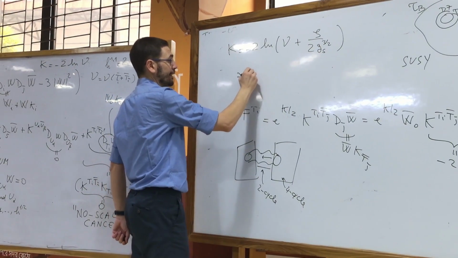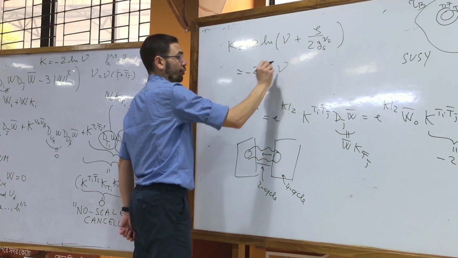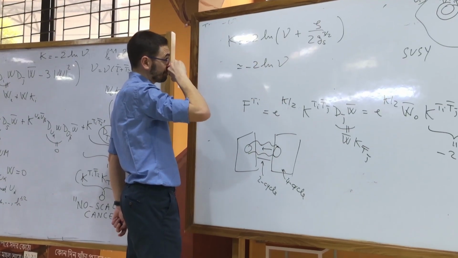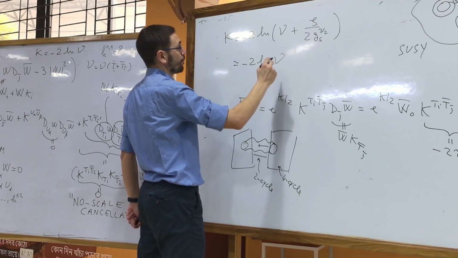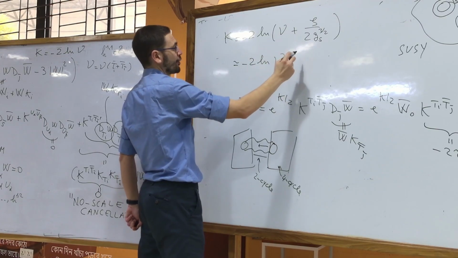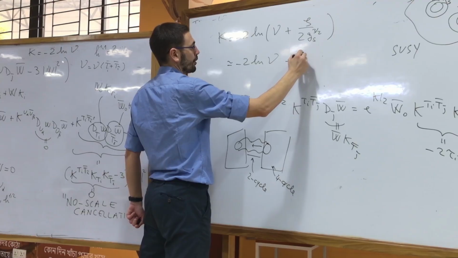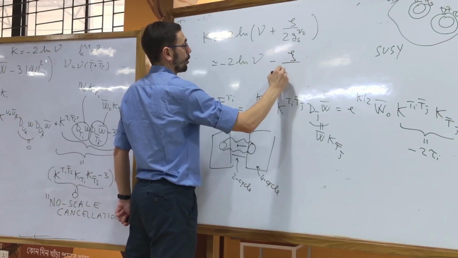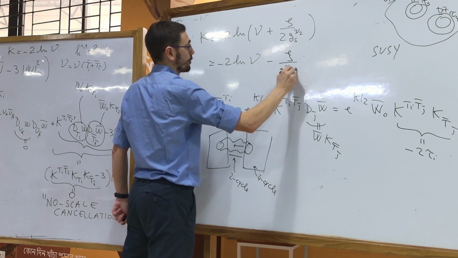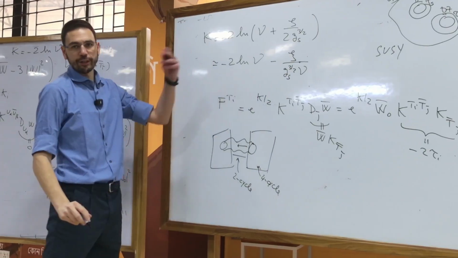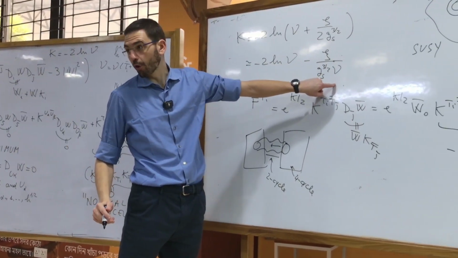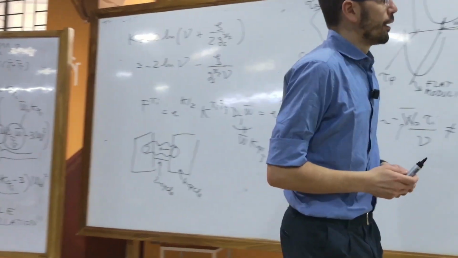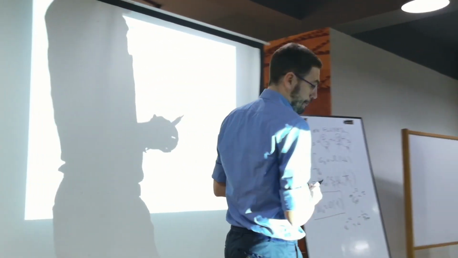Then you can expand it for large volume, so it becomes minus 2 log of the volume. You can factor out the volume, and then you get something that goes like minus psi over G string to the 3/2 divided by the volume. So you see that this correction goes like 1 over the volume.